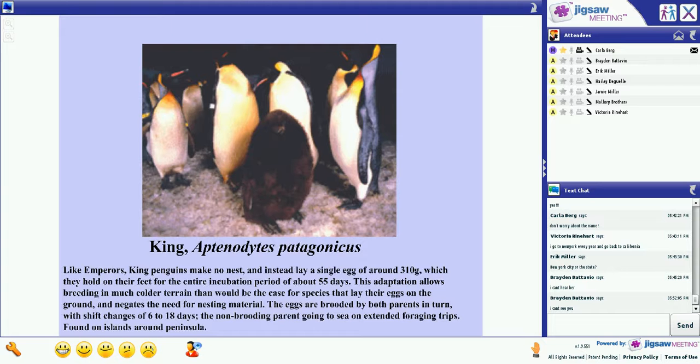Victoria, you have a question? Go ahead. Oh, go ahead, Victoria. I didn't hear you. Is the brown kind of fluffy thing a maturing penguin that is turning into an adult?